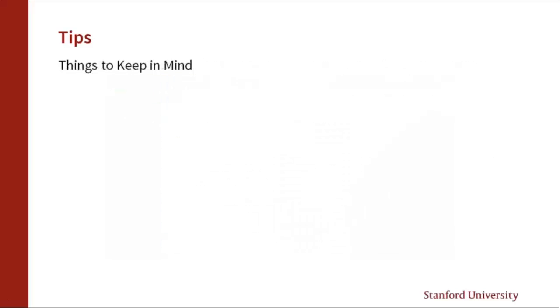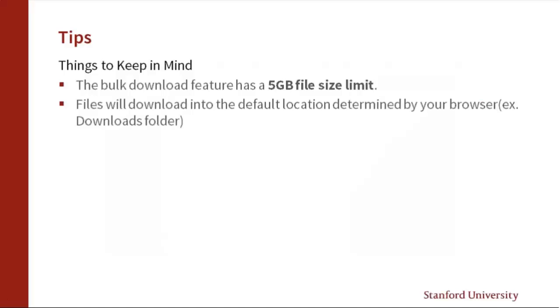Okay, and then here are some tips about Box. If you're downloading a lot of files, the maximum you can download is 5 gigs. 5 gigs is the size of a DVD, so that's a good rule of thumb. And if you're using Firefox or any other browser, when you download a file, make sure to look in the downloads folder.